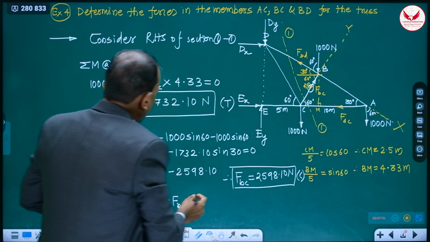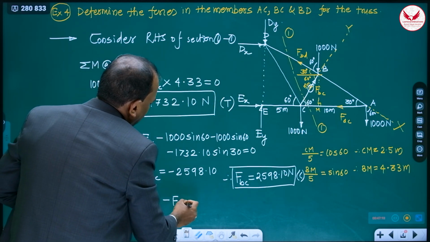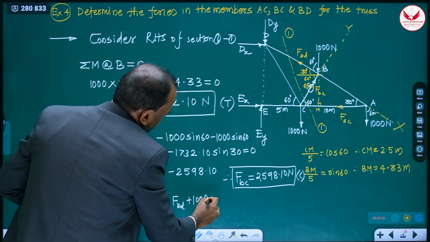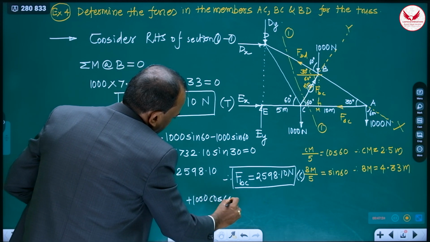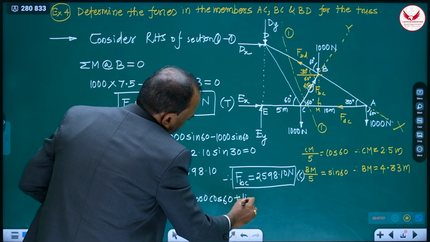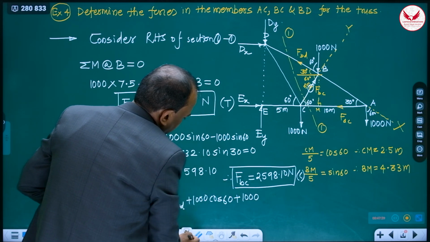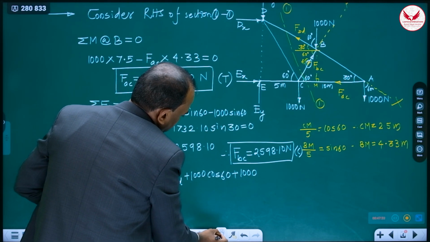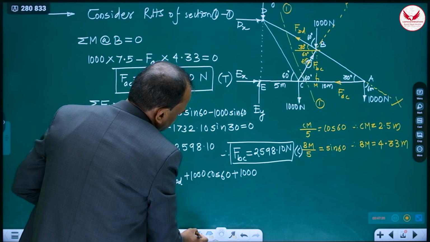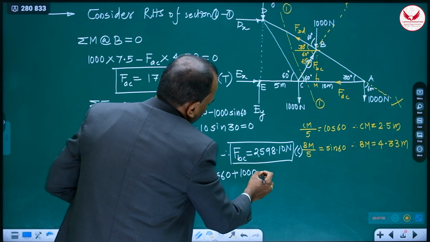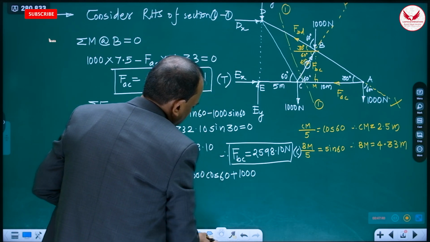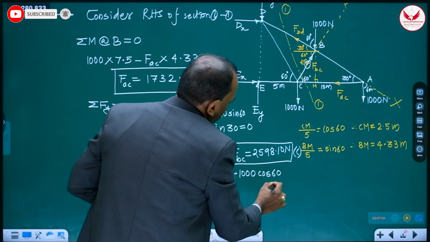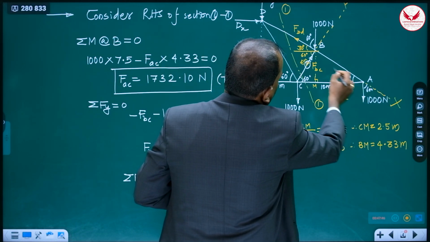As far as 1000 is concerned, it is towards right, plus 1000 cos 60 plus 1000 cos 60, it is towards right.